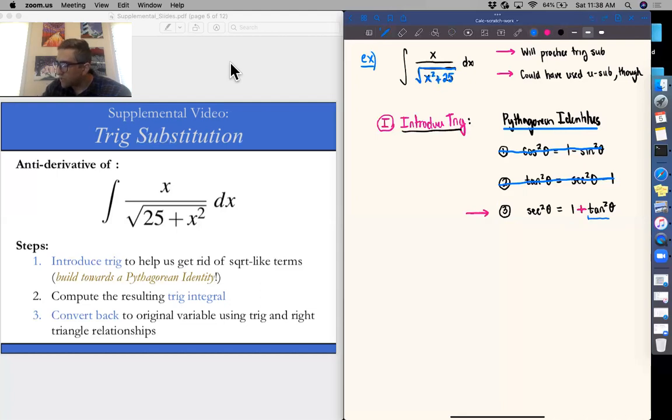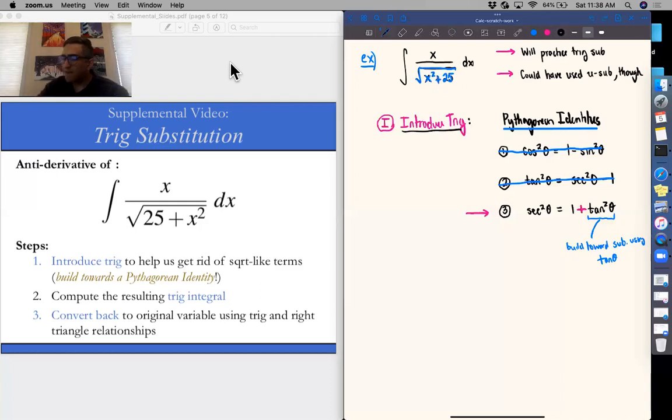So it looks like we're building towards a substitution using tangent. I'll make a quick note of that. Again, the clue was the plus sign underneath the square root.